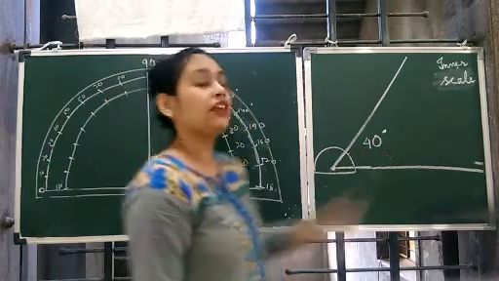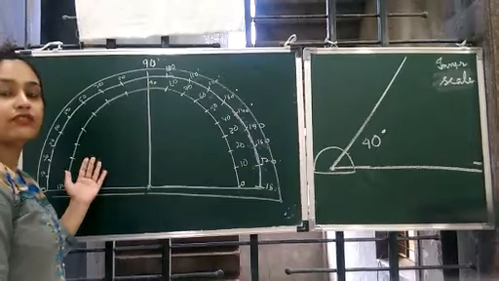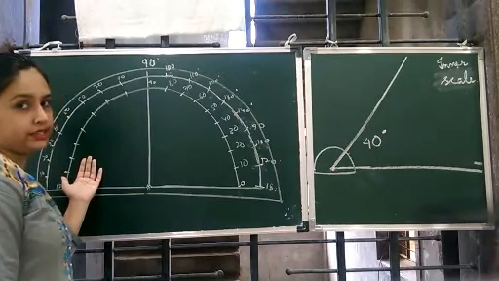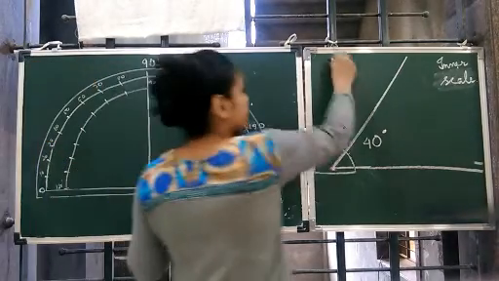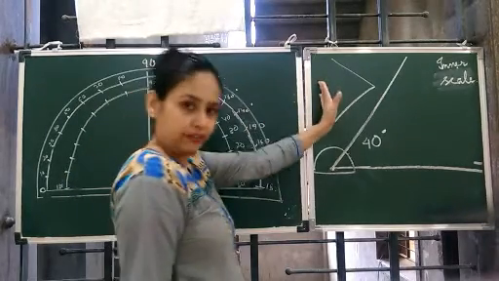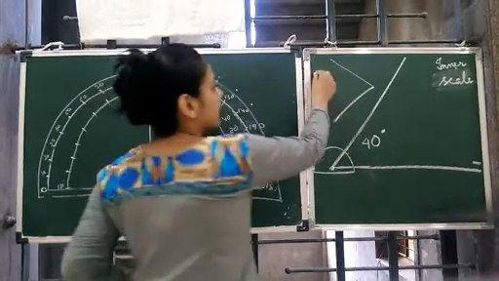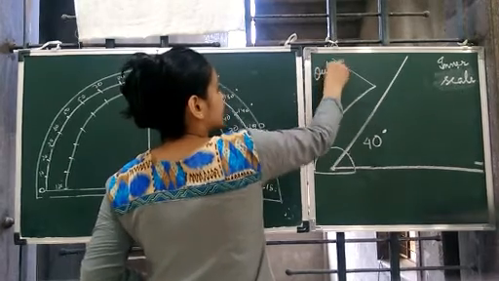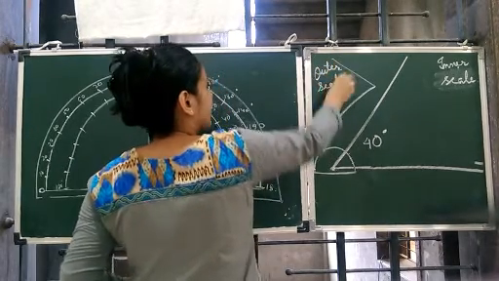Now the same thing we do when we are making an angle which is facing the left side. If an angle is facing the left side, something like this, then we decide the face, left side, then we decide the scale, outer scale. We write it with a pencil on the side: outer scale.